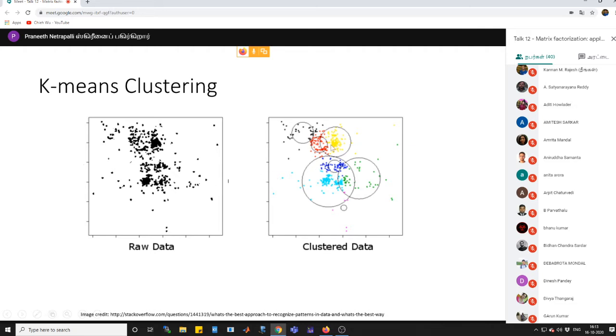So different colors represent different clusters, right? And the cluster information is useful, especially in separating the data coming from, say, multiple sources. So if all of this data is coming from a mixture of sources and we actually don't know which data point has come from which mixture, we would still like to be able to separate the data points based on their source. And k-means clustering is a very, very popular method for doing this.